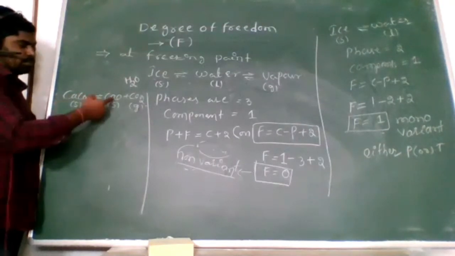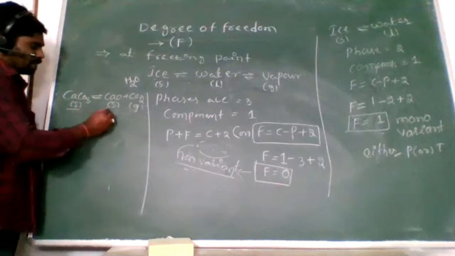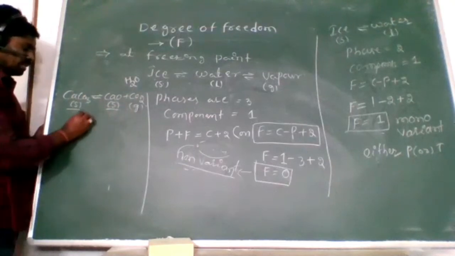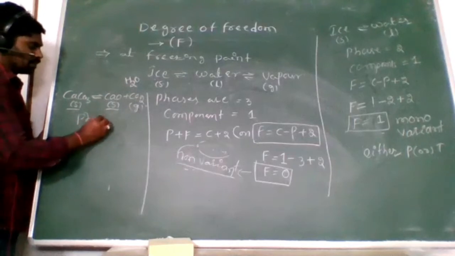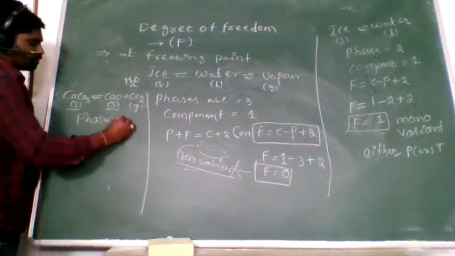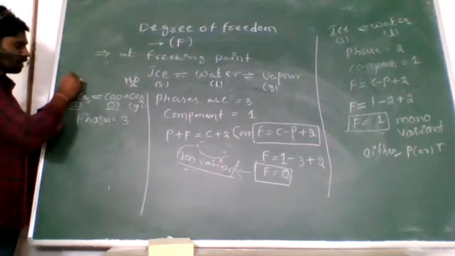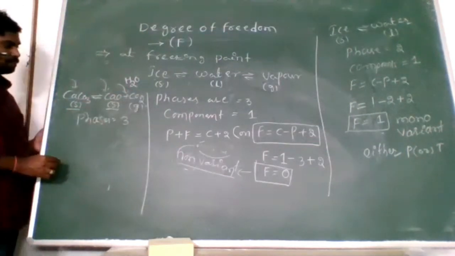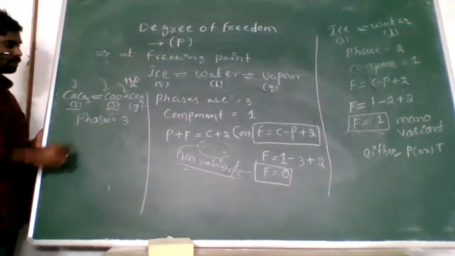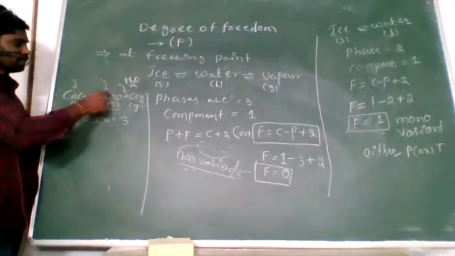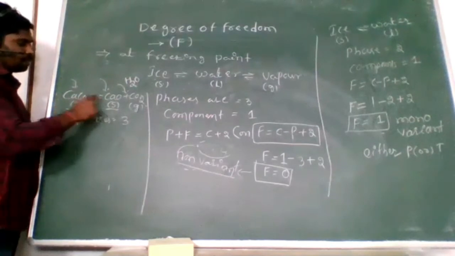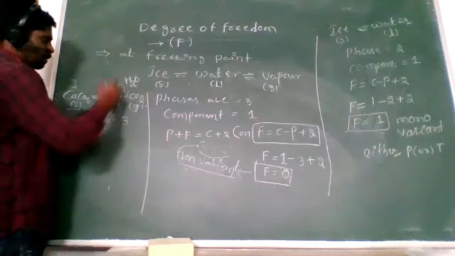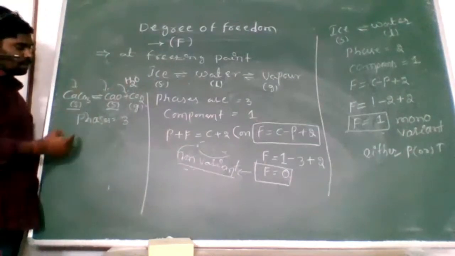How many phases are here in the equilibrium? Phases are equal to 3. Solid, but the composition is different. 1, 2, 3. 3 phases. Calcium carbonate is one of the components.